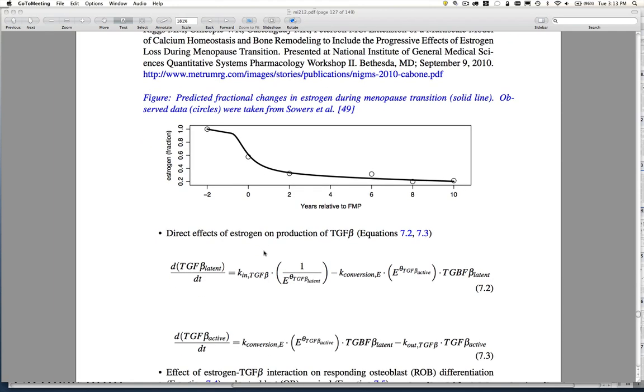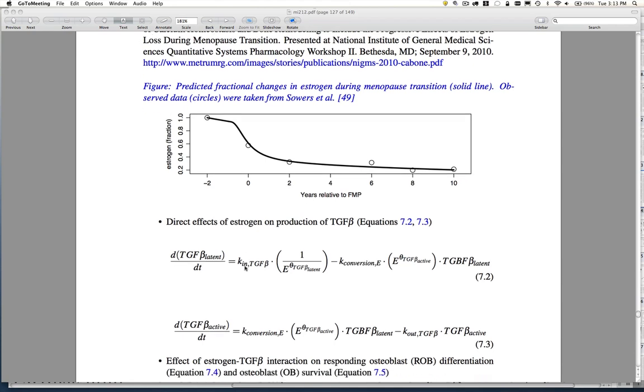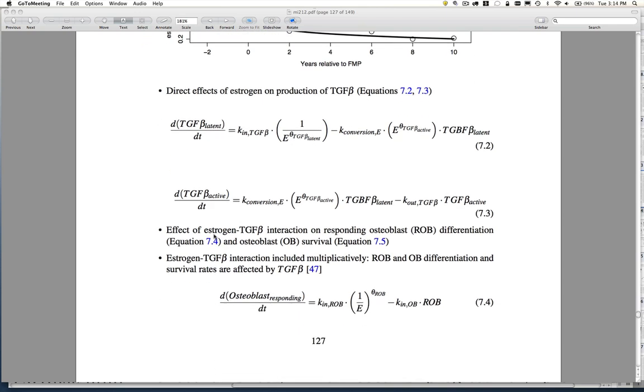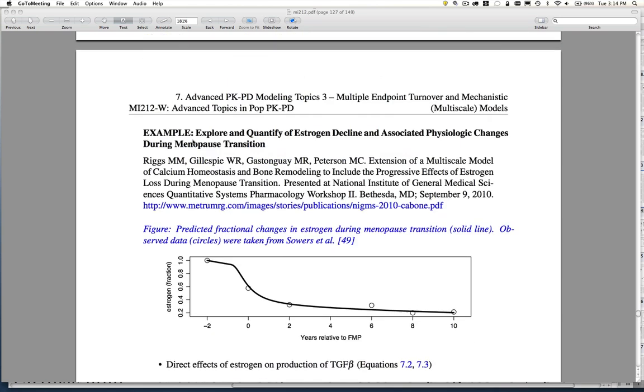And then we were able to feed that fractional change in estrogen into different mechanisms. So if estrogen affected TGF beta, there was also some exploration to see what would happen if it affected the rank ligand system.